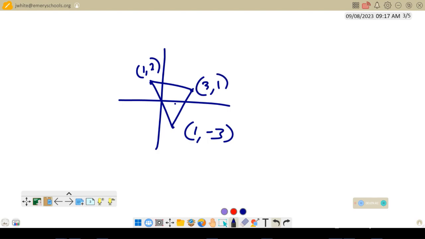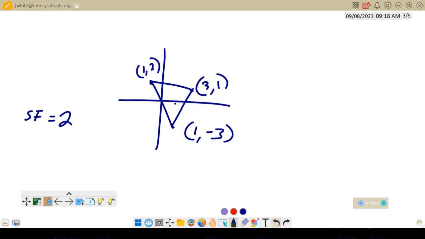If it says that the scale factor is 2, can you figure out where those points need to go? So how would you do that? Well, we would just go in and double every single point.